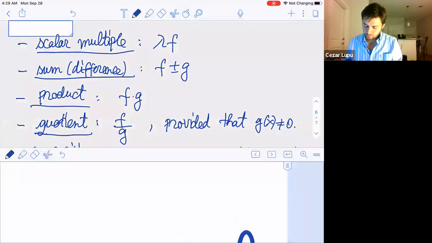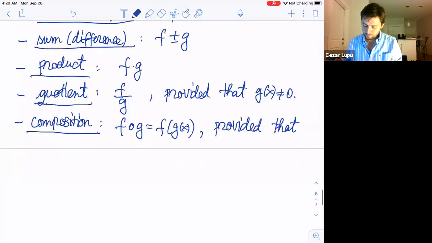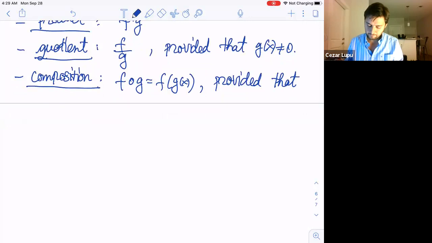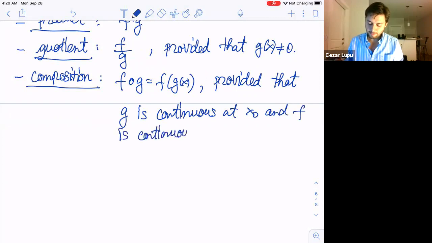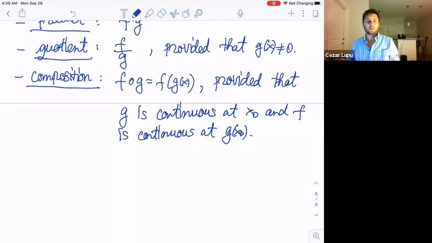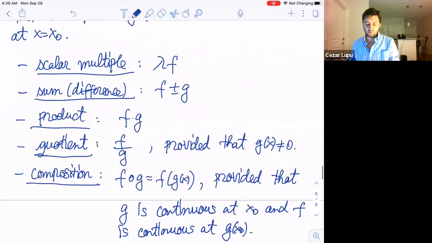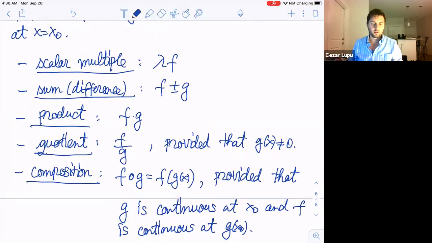Provided that g is continuous at the point x naught, and f is continuous at the point g of x naught. All right. So these are quite expected.